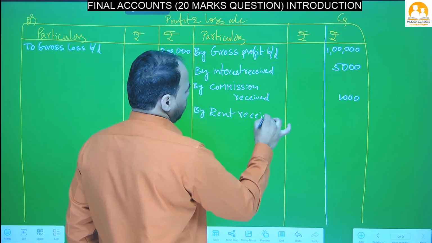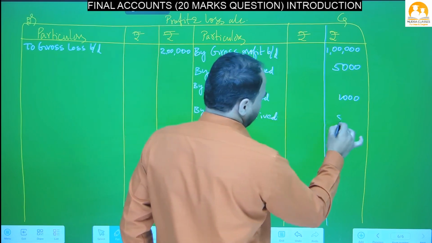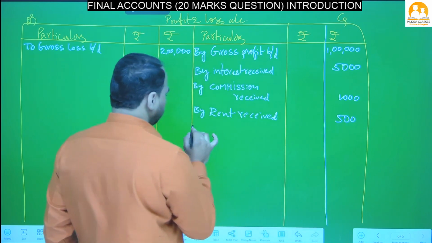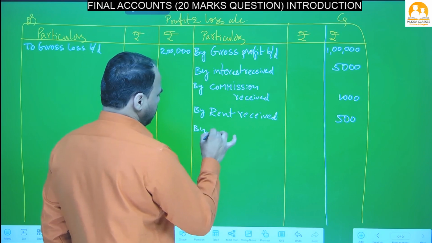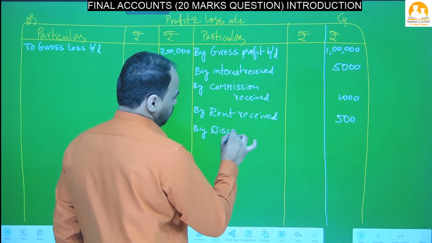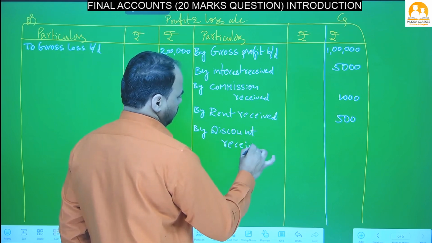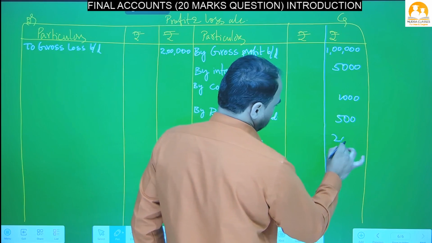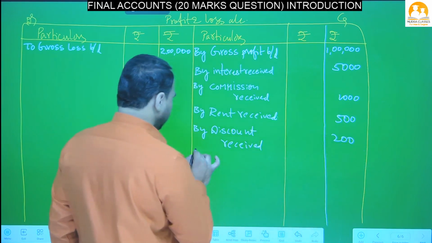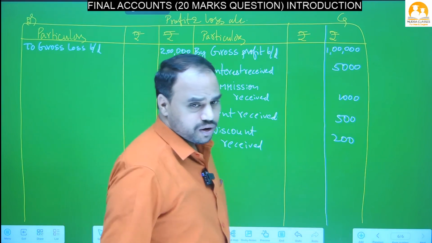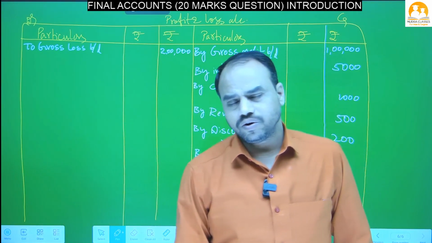Here we will write all incomes. By discount received, and like this. So on the profit and loss account credit side we write only incomes.